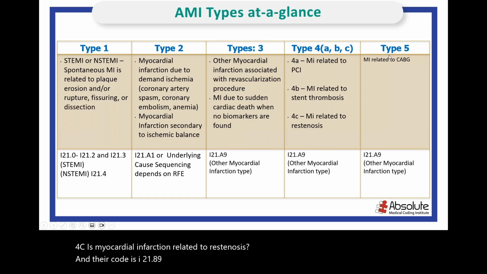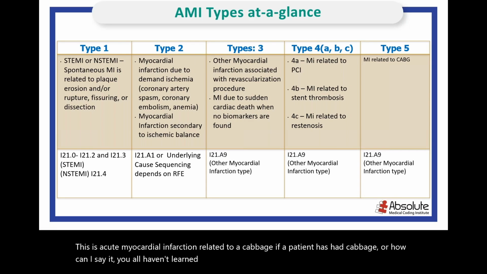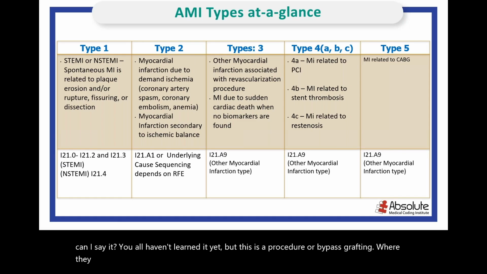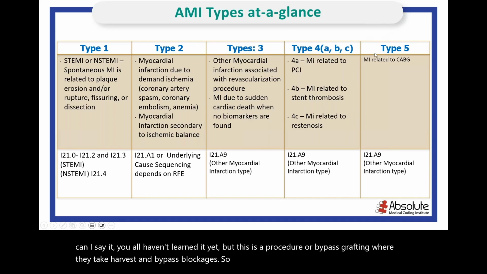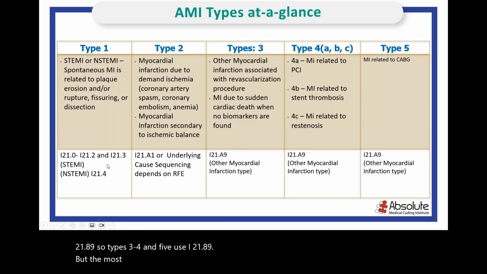Types 3, 4, and 5. This is acute myocardial infarction related to a CABG. You all haven't learned it yet, but this is a procedure, or bypass grafting, where they harvest and bypass blockages. So if the infarction is related to that bypass, then you use I21.A9. So types 3, 4, and 5 use I21.A9. But the most common is type 1.